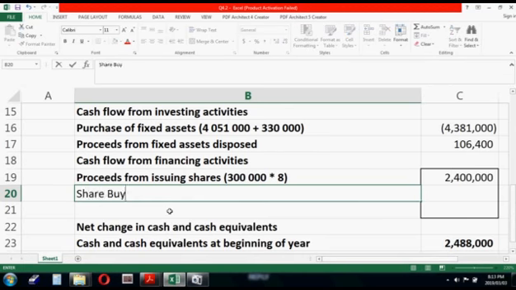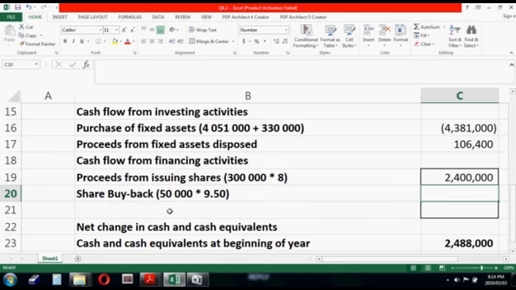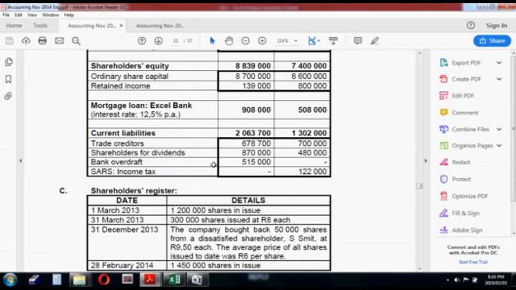So we have the share buyback, and that will be an outflow, so we need to insert the brackets.